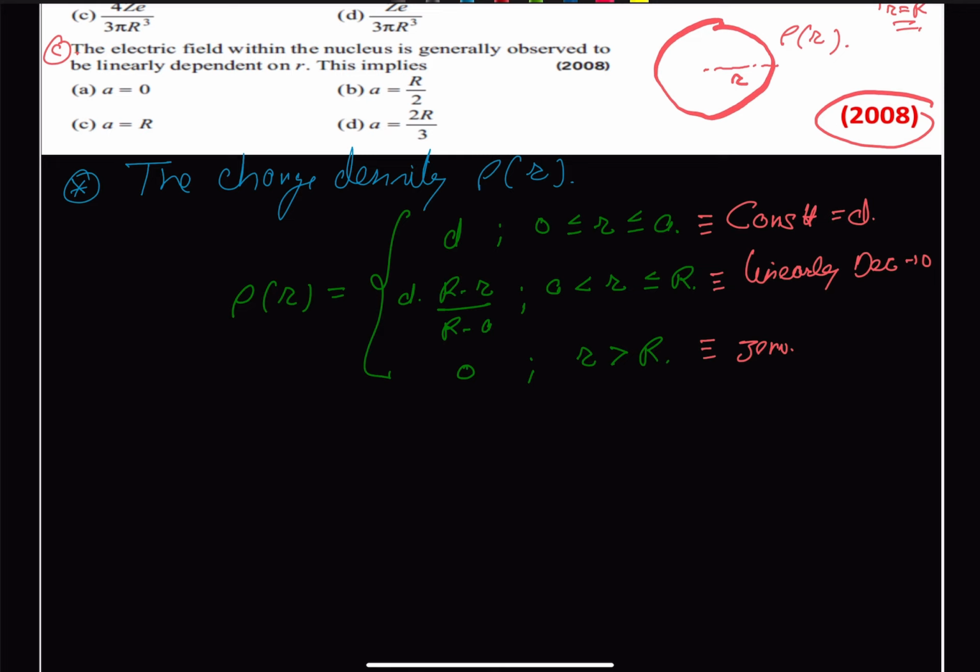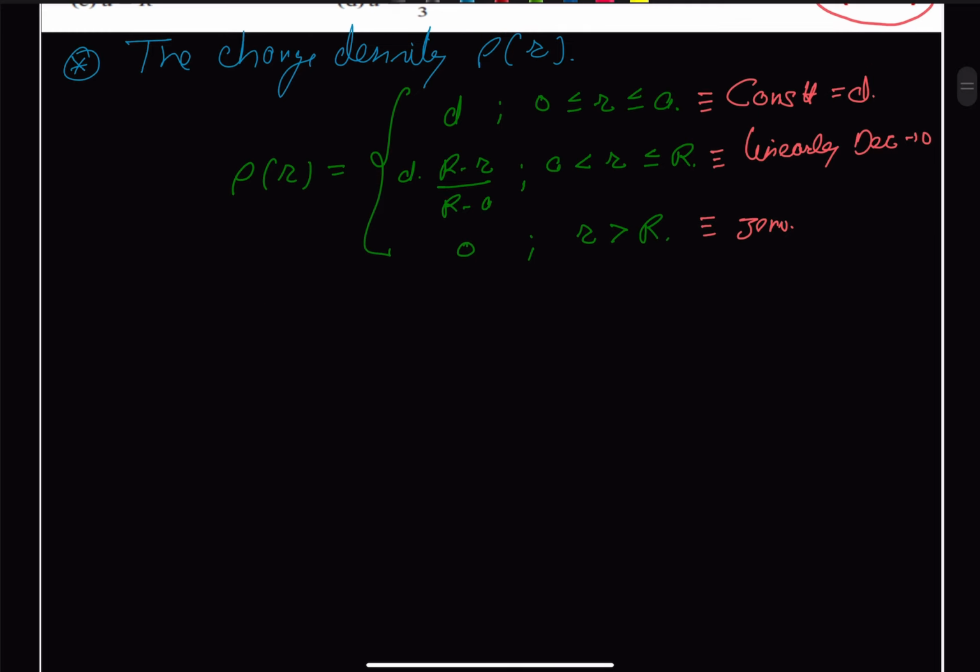So for that we are going to use Gauss law. Using Gauss law at r equal to capital R, which basically means outside the full charge distribution.